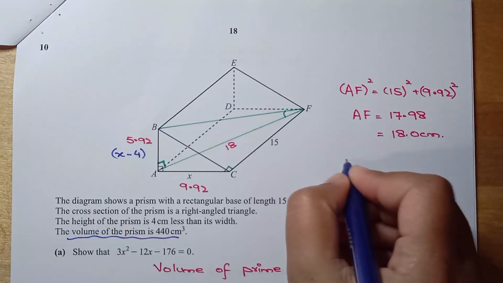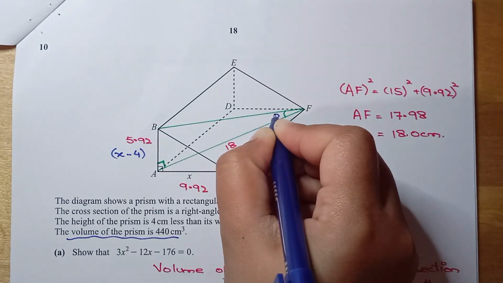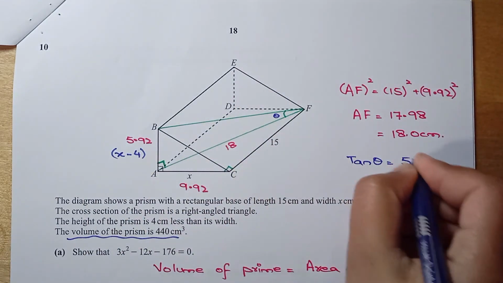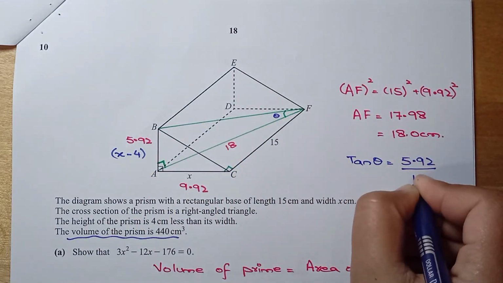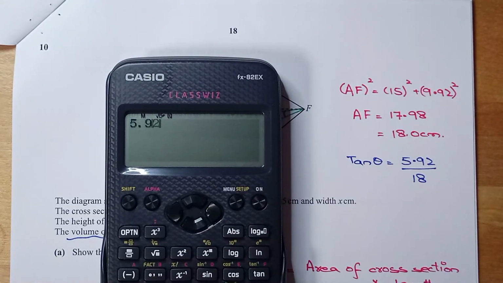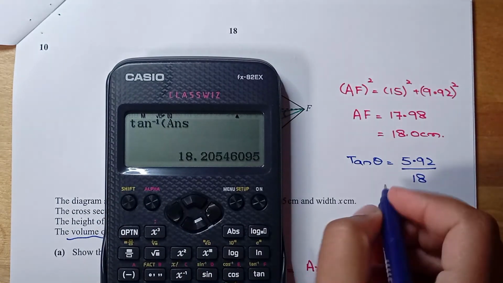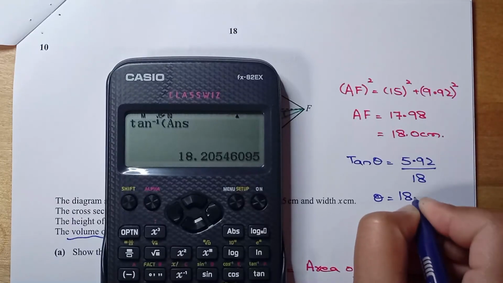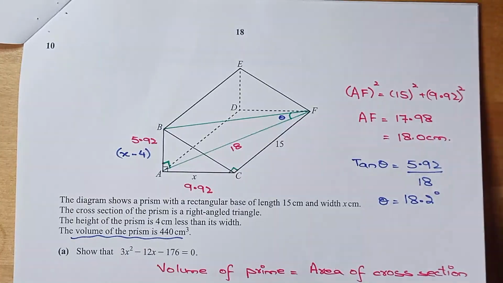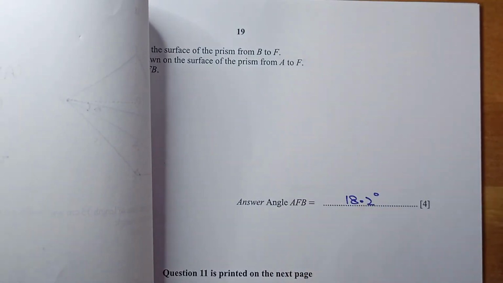Yes, we can say tan of that angle, let's say theta, is opposite over adjacent, that is 5.92 over adjacent, which is 18, and we can find theta by doing tan inverse. So 5.92 divided by 18, and doing a tan inverse, the theta we got is 18.20 degrees. So that is the angle AFB. Angle AFB is 18.2 degrees.